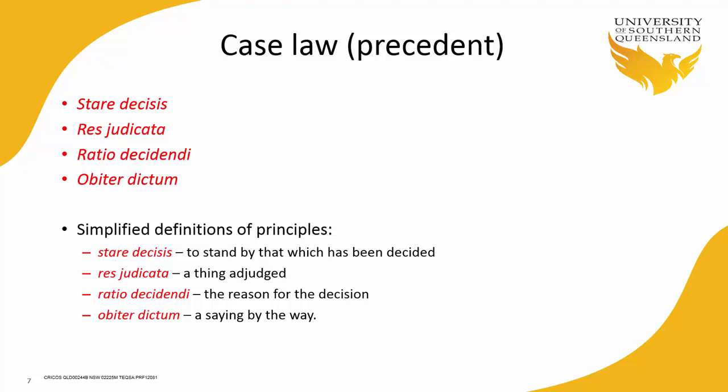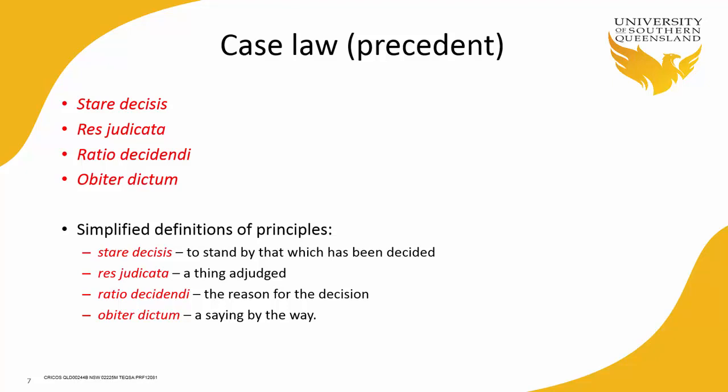And these four are the ones you see here on the slide. They're all given to you in Latin really, but don't let that stop you from understanding why we use them. The first one says simply stare decisis, and it means to stand by that which has been decided.